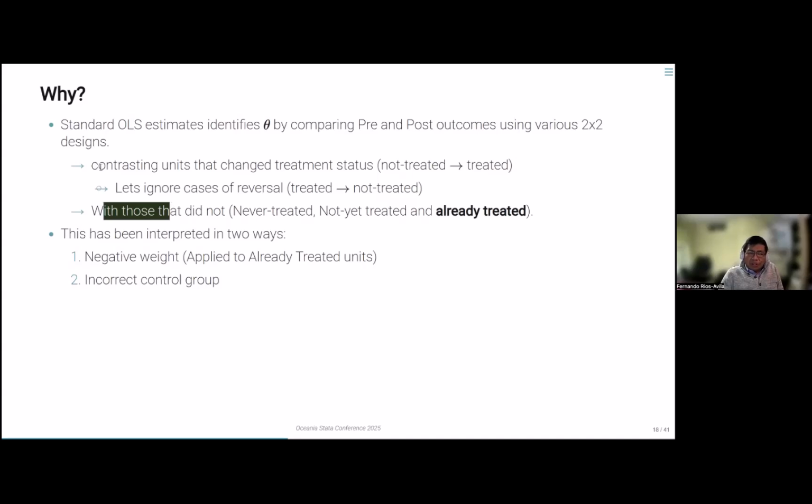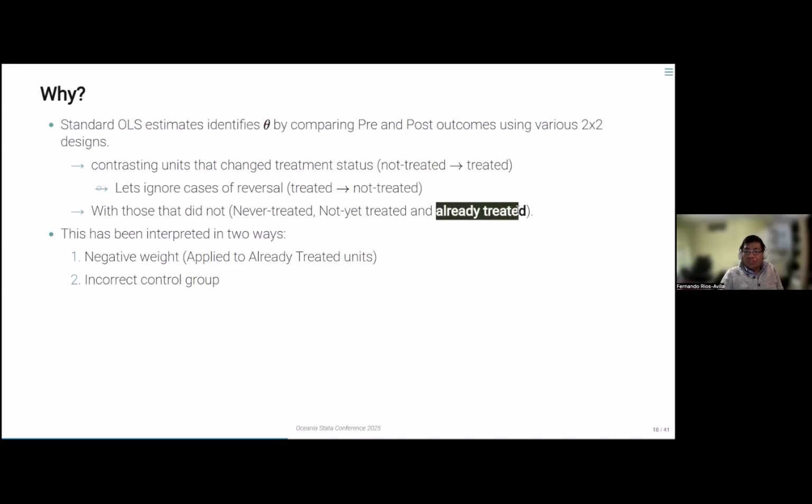But it's going to do this contrasting for identification of theta by comparing the groups that have experienced this treatment status change to those who are not experiencing any change in their treatment status. That means that those groups are the never treated. This is going to be a good control group. The not yet treated, still a good control group.